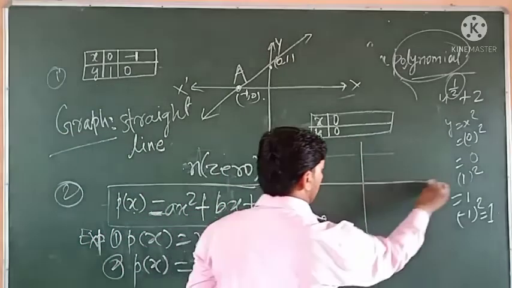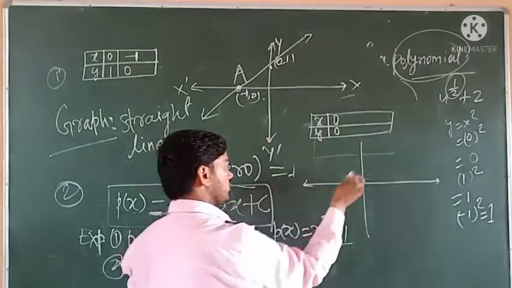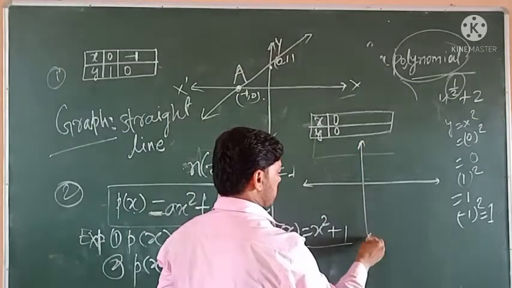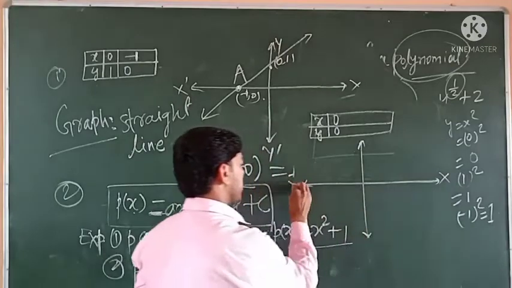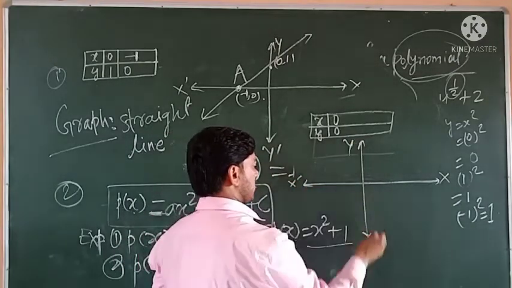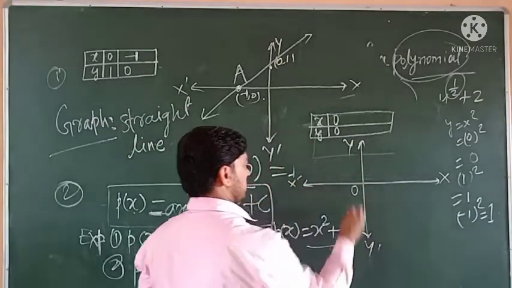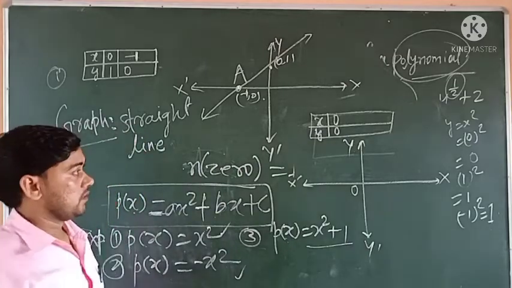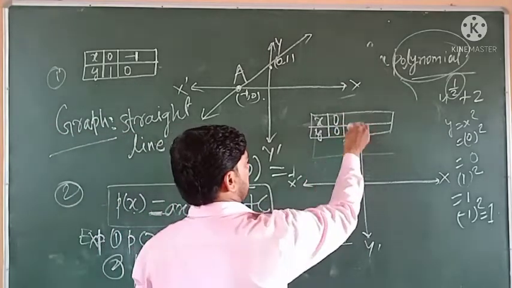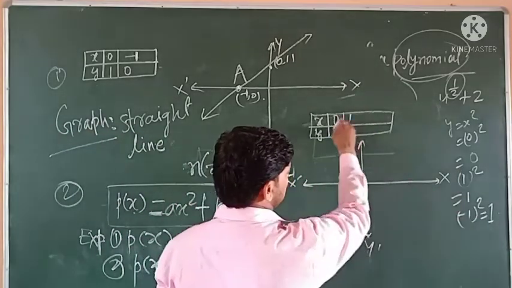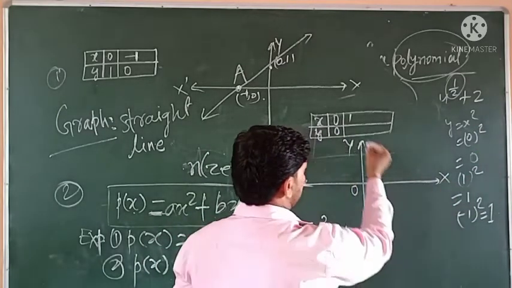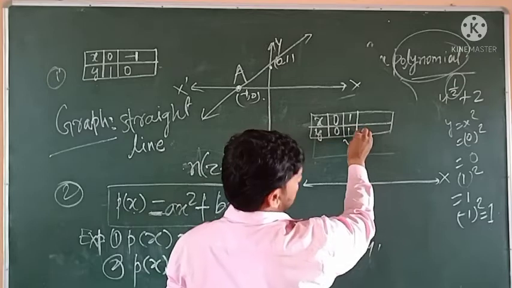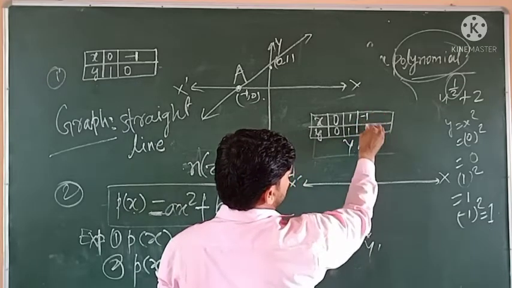So for the graph of this quadratic polynomial, see, x dash, y dash, this is the origin. Points are 0, 0 and 1, 1, and minus 1, 1.